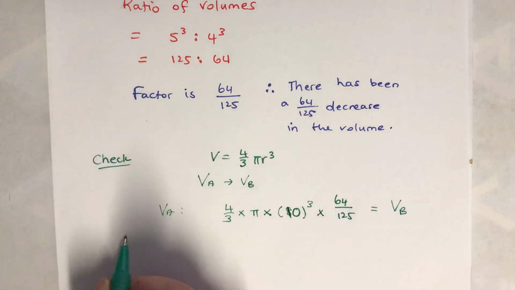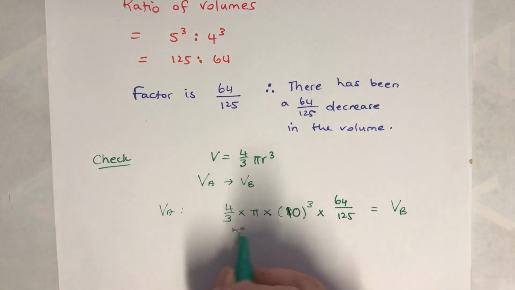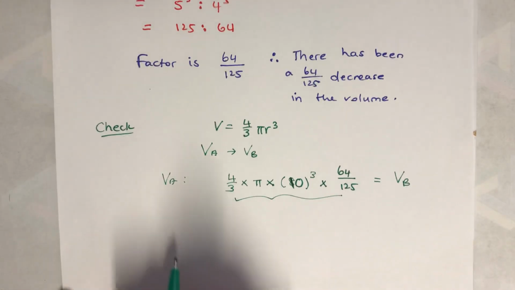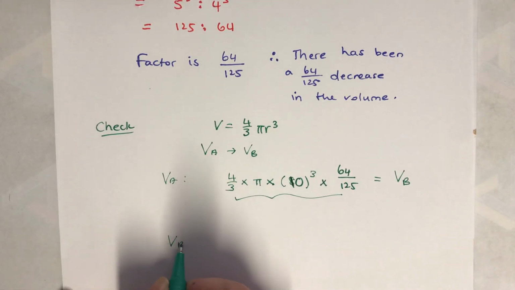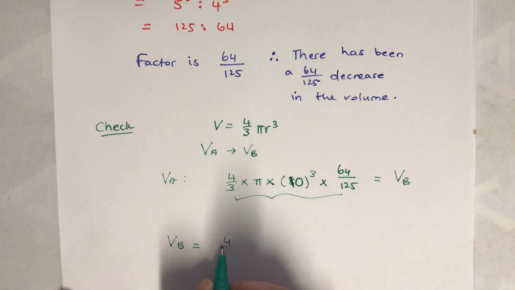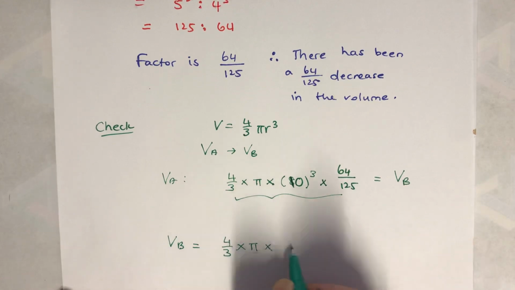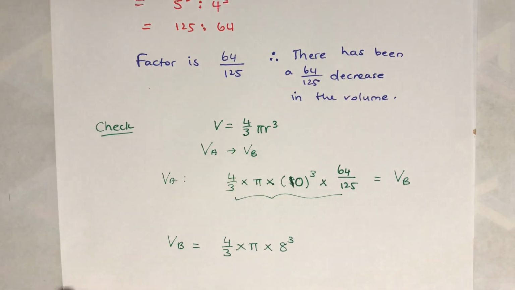So let's have a look. I'm going to write this in pi form, which is easier. Volume B should be 4 over 3 times pi times 8 cubed. We don't have to multiply by the factor here because volume B is the result.